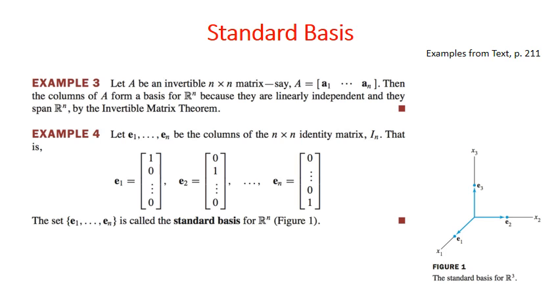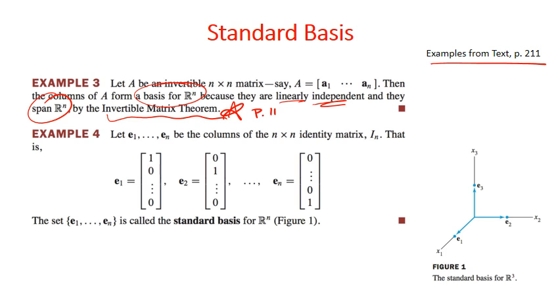Some more examples directly from the text. In example 3, we have an invertible matrix, and it says the columns of A form a basis for Rn because they are linearly independent and they span Rn by the invertible matrix theorem. The invertible matrix theorem is going to come up quite a bit in this section, so remember that theorem.